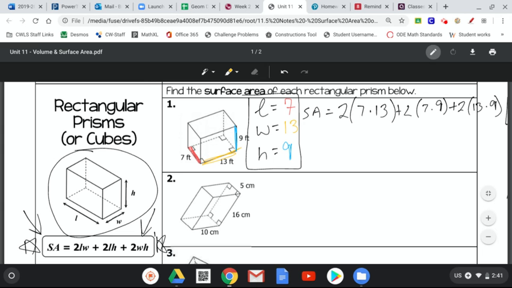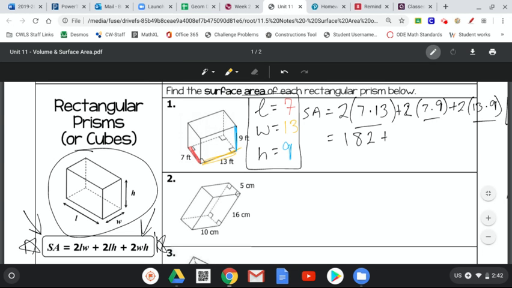You just have to be careful when you're doing this, and this is how I solve them. You are going to want to multiply the parentheses first, and then multiply by 2. So in my calculator, I do 7 times 13 and then multiply that number by 2, which should give you 182.